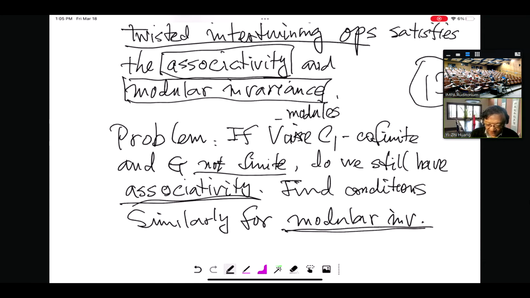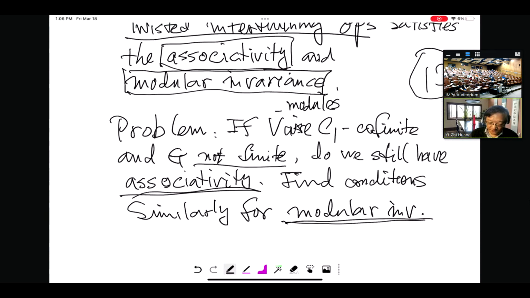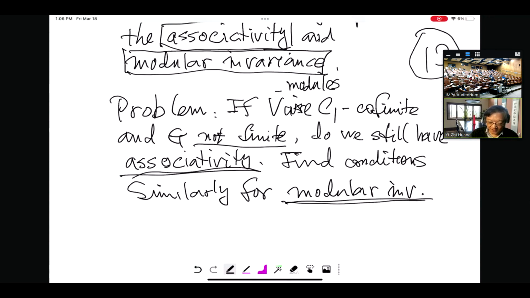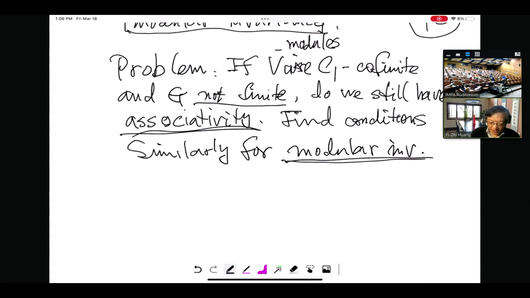The main thing is that one has to find some conditions, on the group or on the algebra or on the modules, under which we do have associativity and modular invariance and so on. Let me say why I think this is important, because if we can do these things, then basically we can use these.